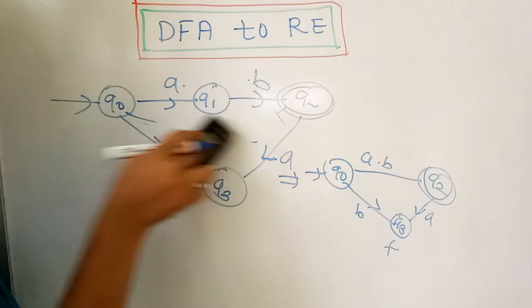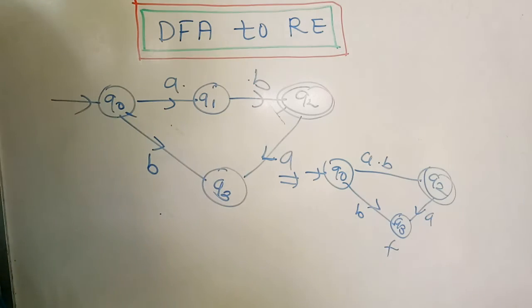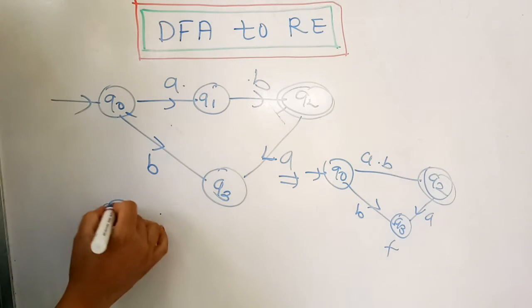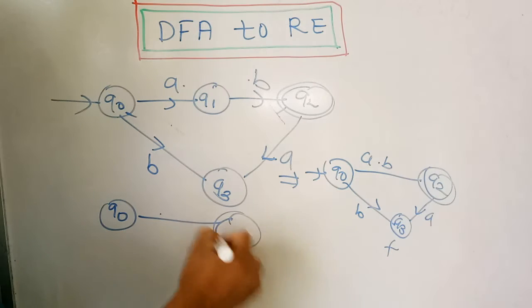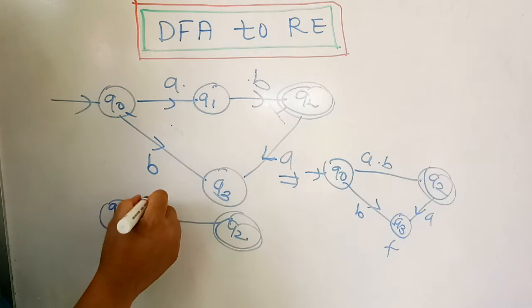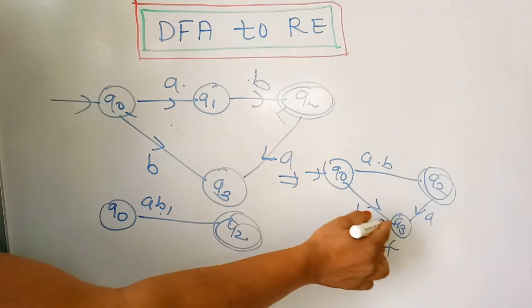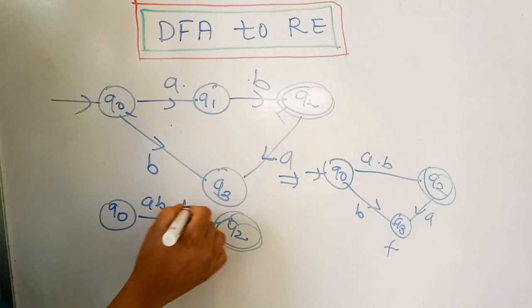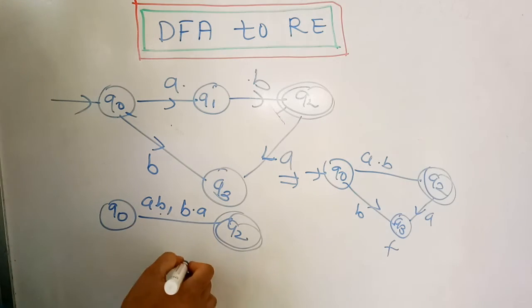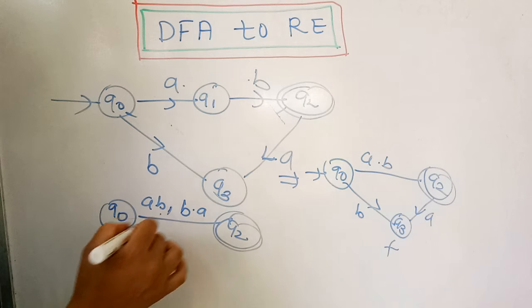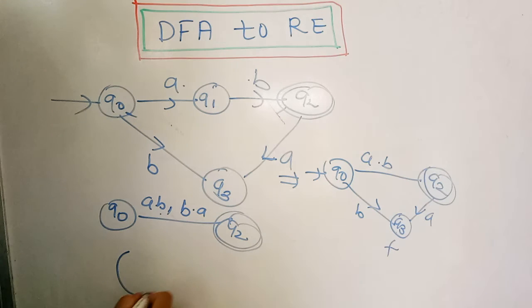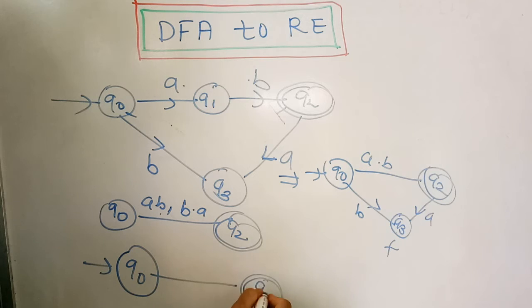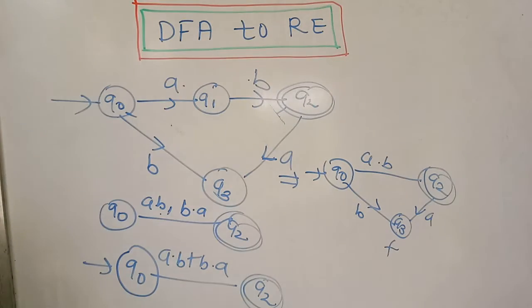So we can eliminate them like Q0, Q2. First was A dot B, and this elimination can be converted into B dot A. But as that was the parallel mechanism, you can write it as a plus. Means you can write it as Q0, Q2, A dot B plus B dot A. So this is the final conversion.